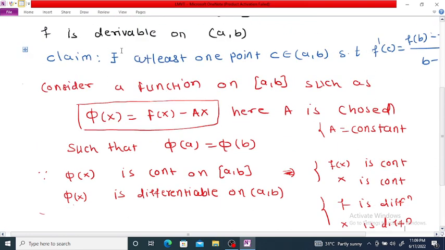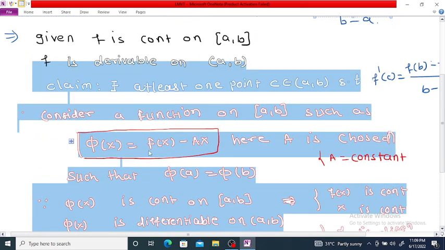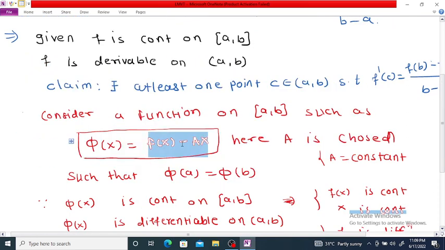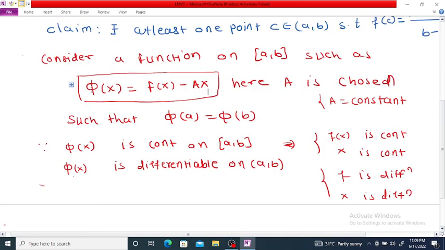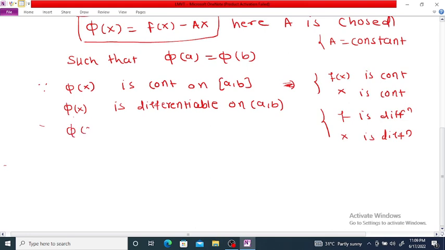It is given that f is derivable on (a, b), and we know the derivative of x is 1, so a x is also derivable. This implies phi of x is differentiable, and phi of a is equal to phi of b. So these three conditions are the conditions of Rolle's theorem.